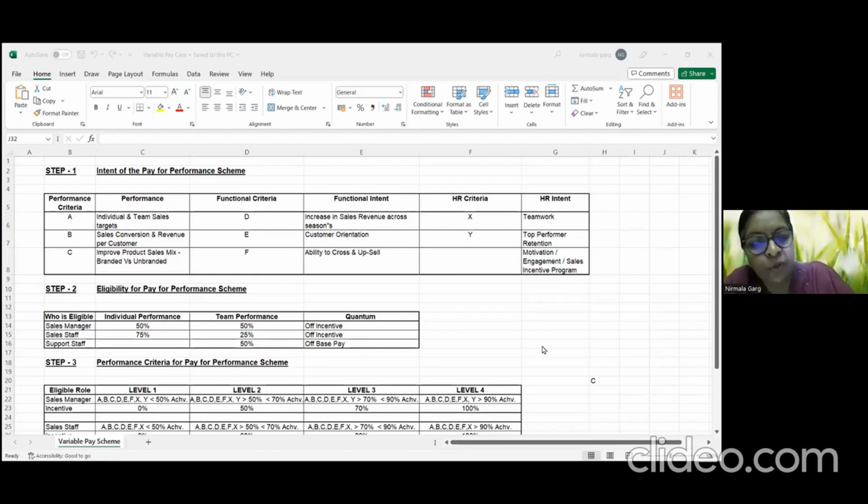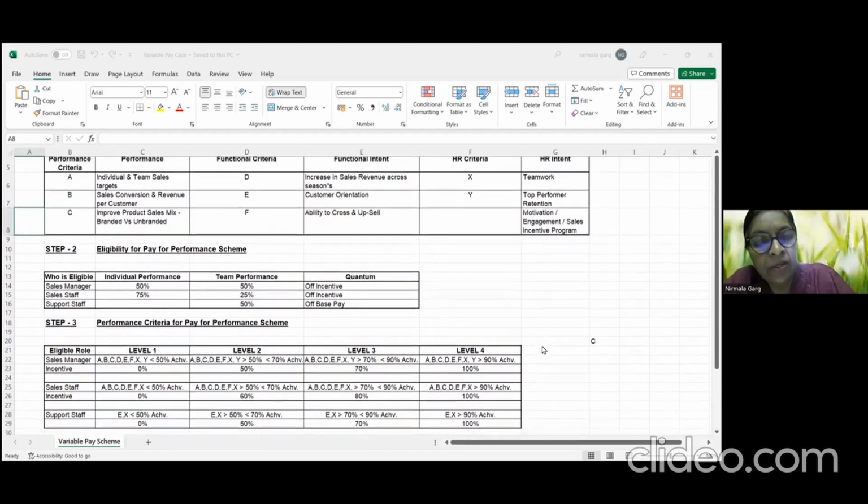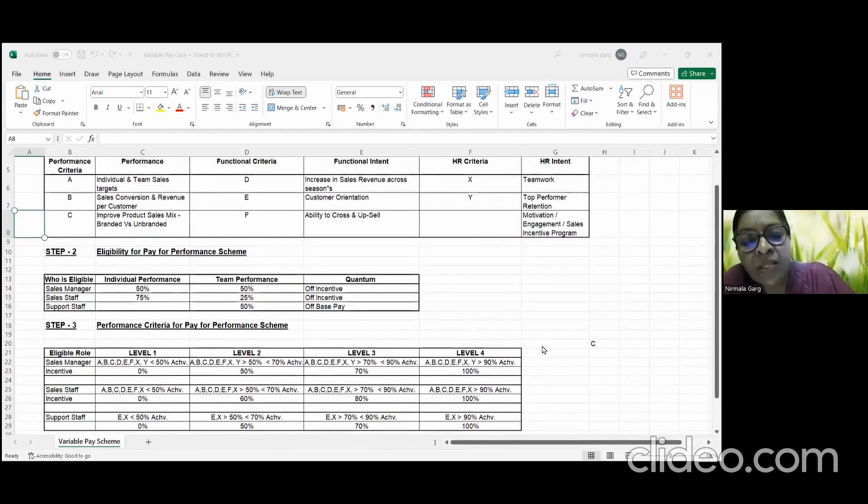After that, step 2, very important. Eligibility. Who are the people who are eligible for this pay plan which you are designing? So you have to list out sales managers, salespeople, whoever they are. Now, for their individual performance, what percentage, and for their team performance, if you want to have team performance.